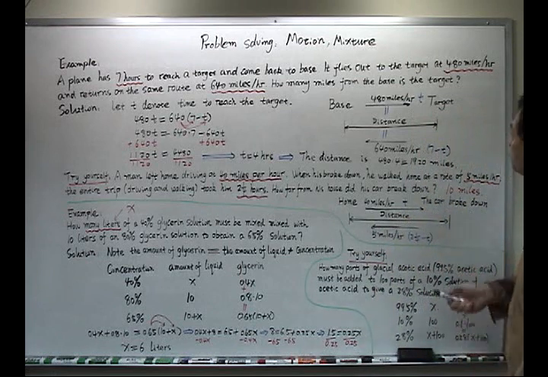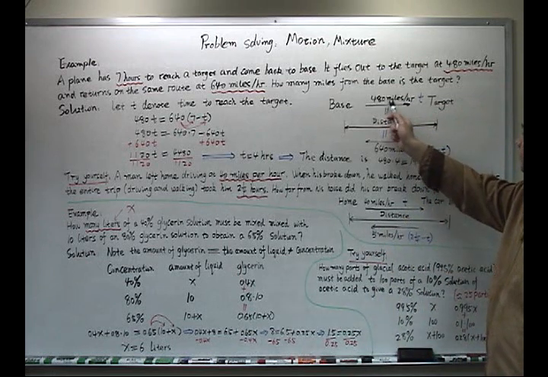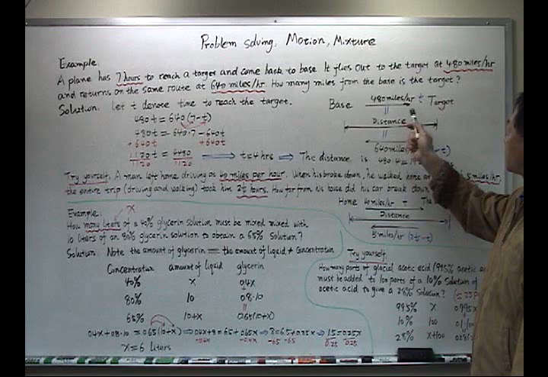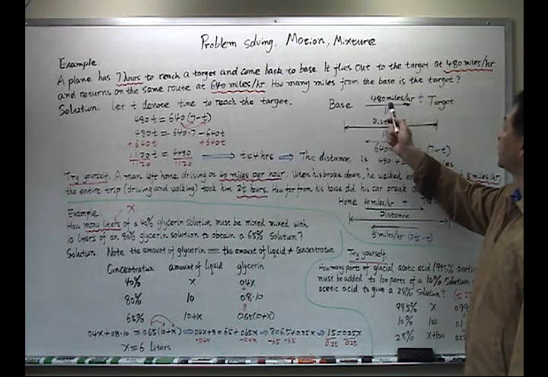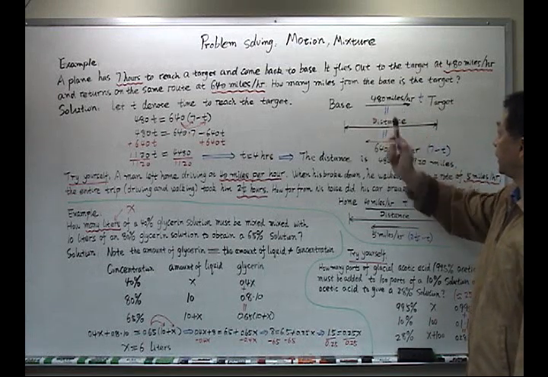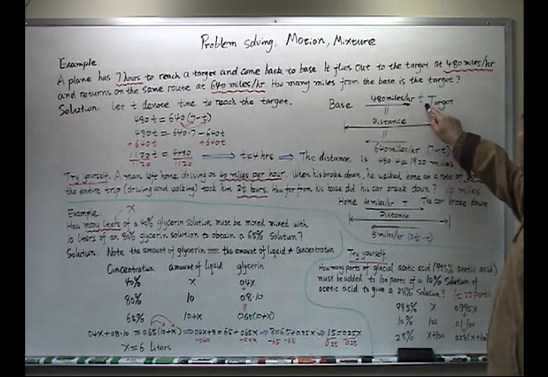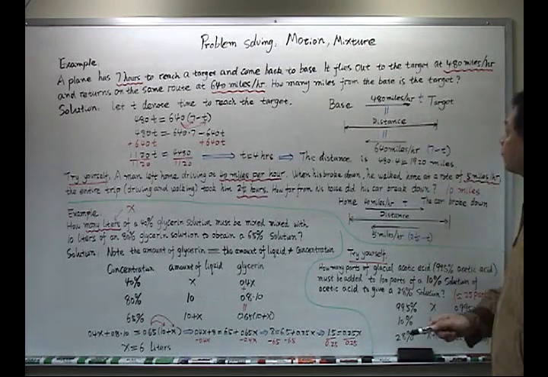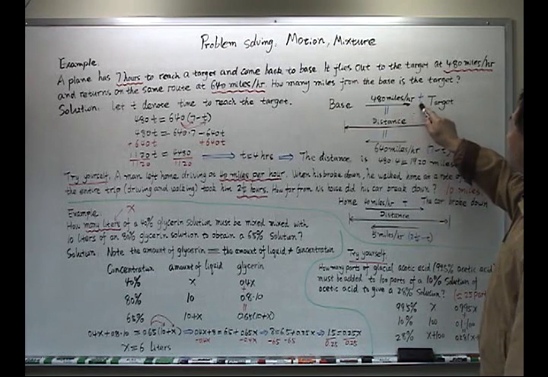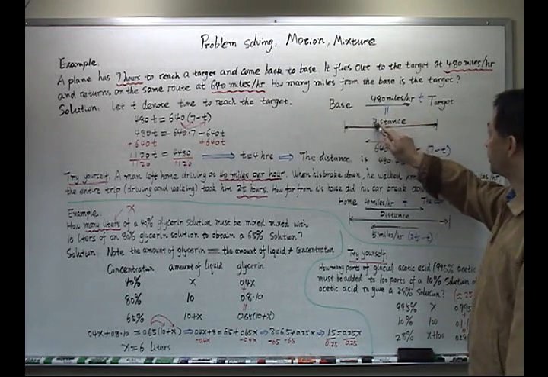But we know the speed going from the base to the target is 480, and the time is t. We know speed times time is the distance.